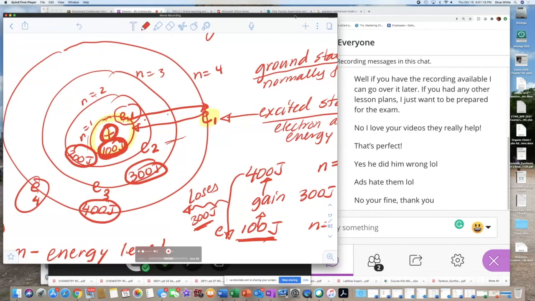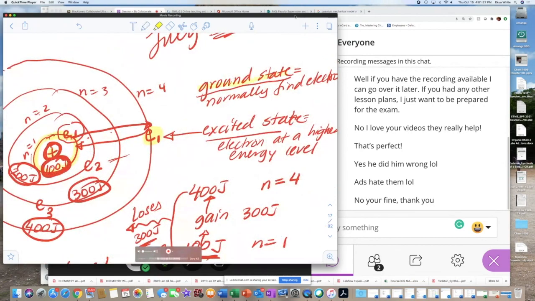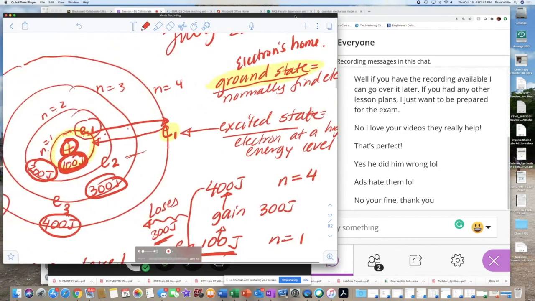So electrons usually have homes, according to Bohr. And the home where you found the electron is called its ground state. So this is where you would normally find the electron, its ground state. Kind of like when you're home, that's your home. So this is the electron's home. So according to Bohr, sometimes energy comes from outside, such as humans.